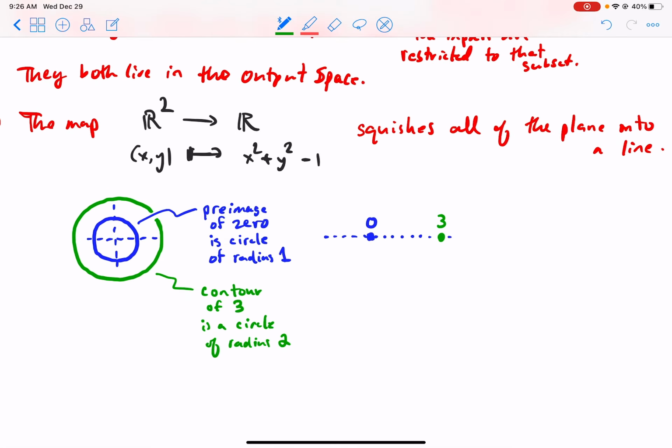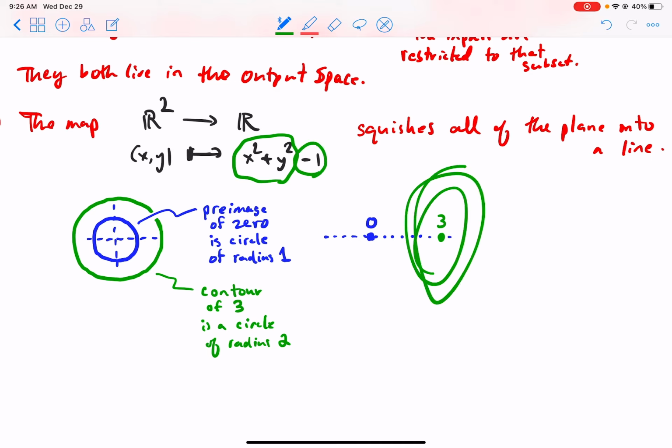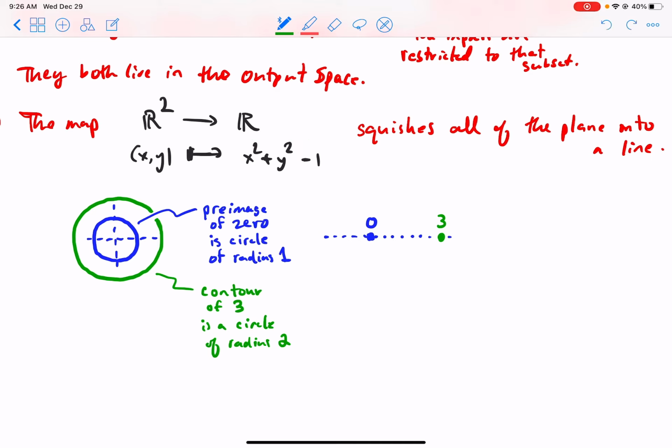Now, why is that? Well, because if you're on a circle of radius 2, the sum of squares is going to be 4. Subtract 1 gives you 3. Now let's think about this blue one again. If you're on a circle of radius 1 somewhere, the sum of squares will be 1 squared, which is 1.